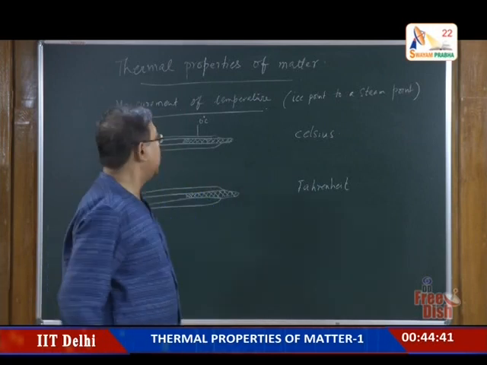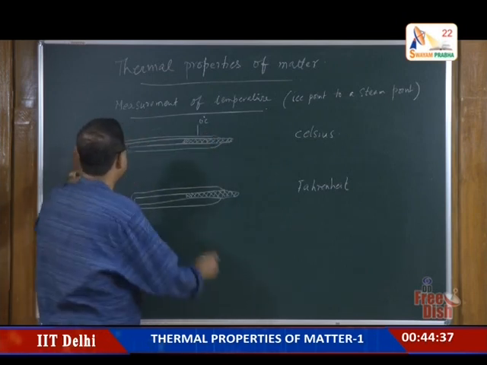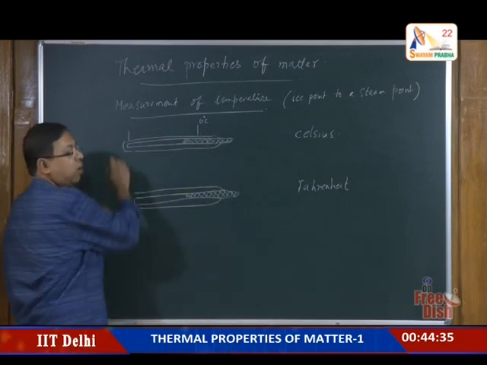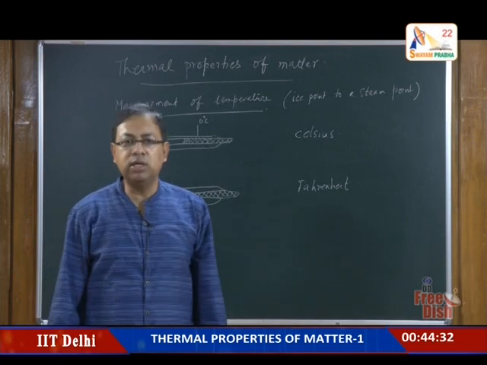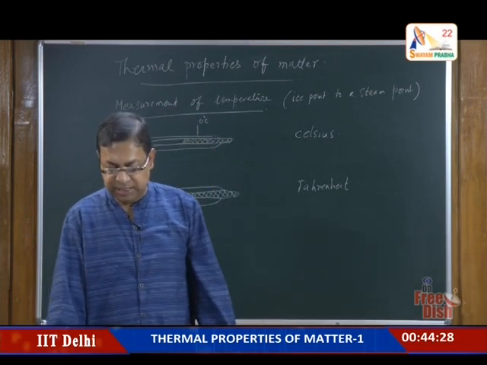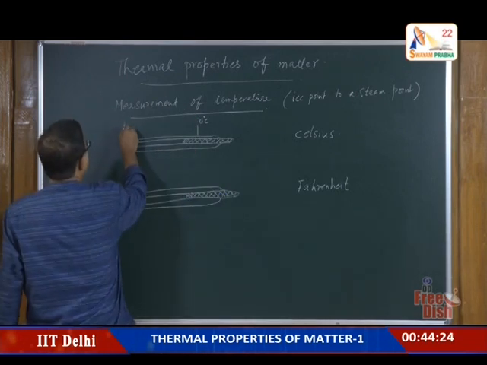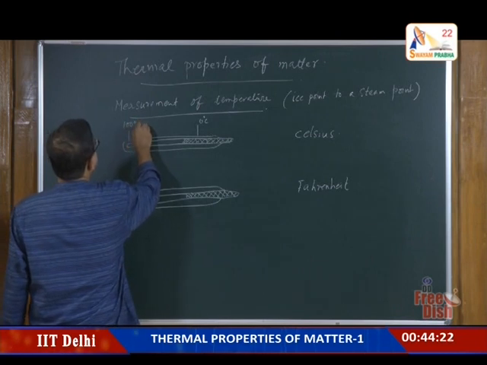Okay? And so, this is one of the points in that scale, and the other point, which is called the steam point, where water starts to boil, is again at 1 atmosphere of pressure, and this is called 100 degrees centigrade.